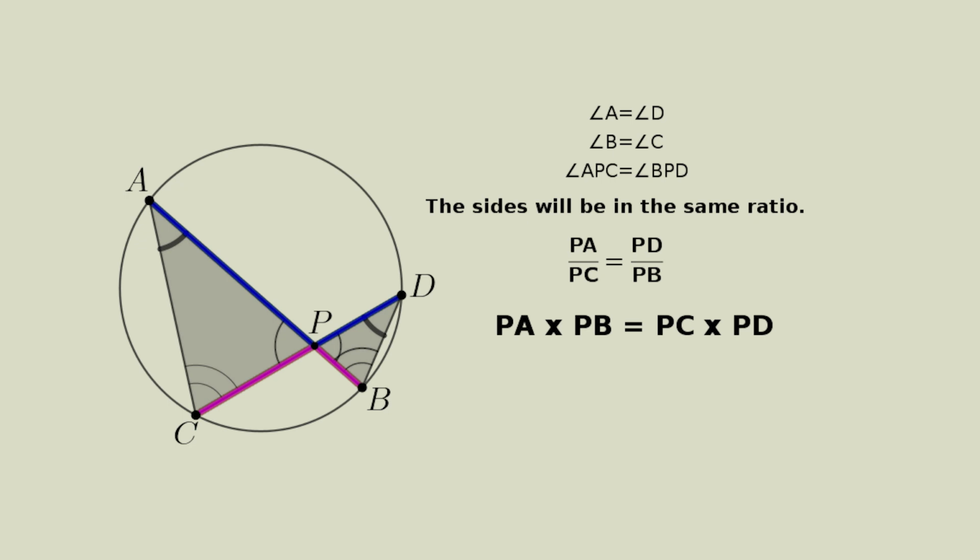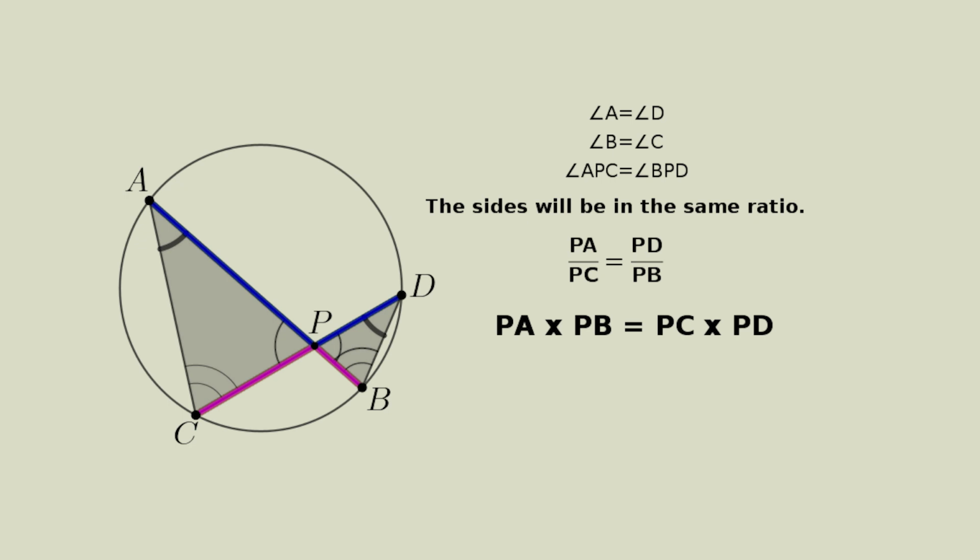PA and PB are the two parts of the first chord. PA multiplied by PB is equal to PC multiplied by PD, where PC and PD are the two parts of the second chord CD.